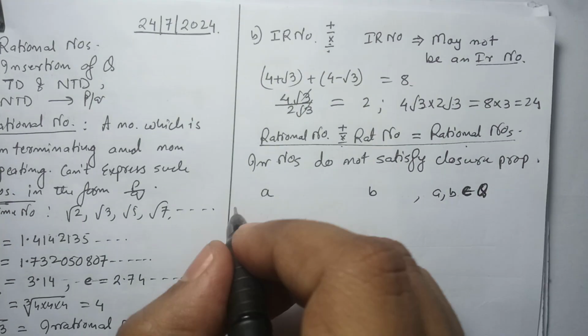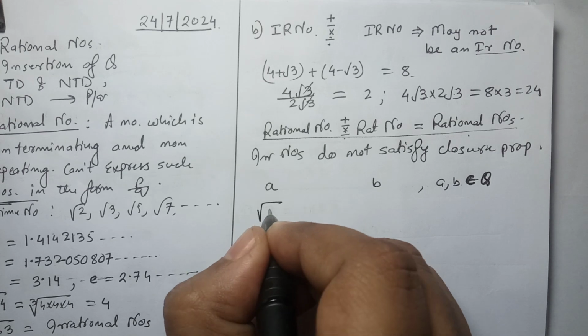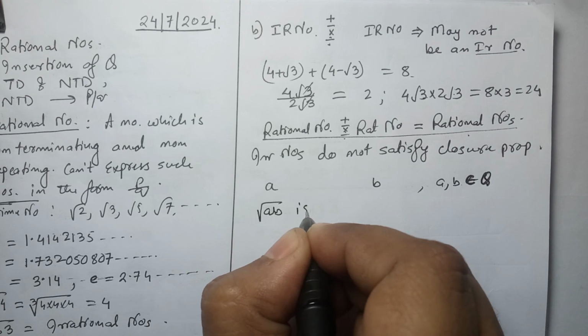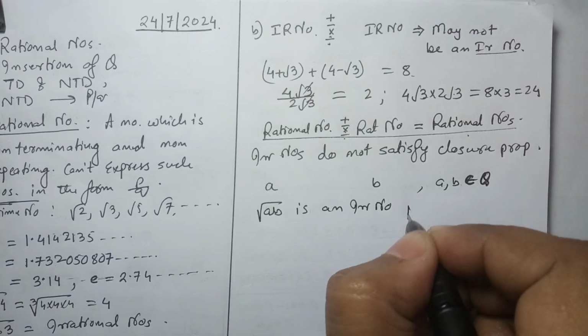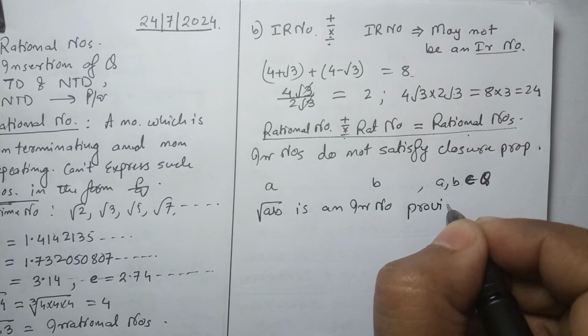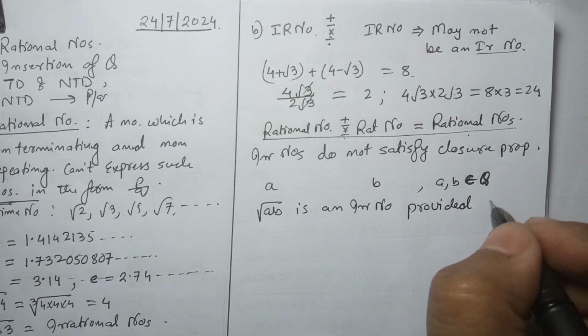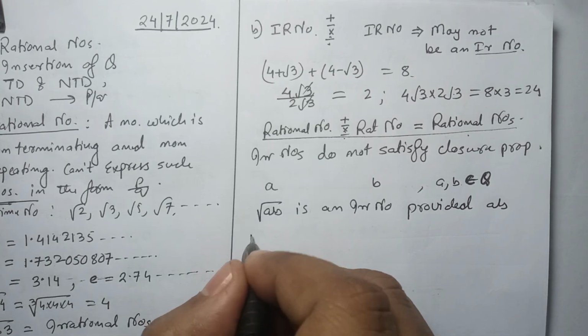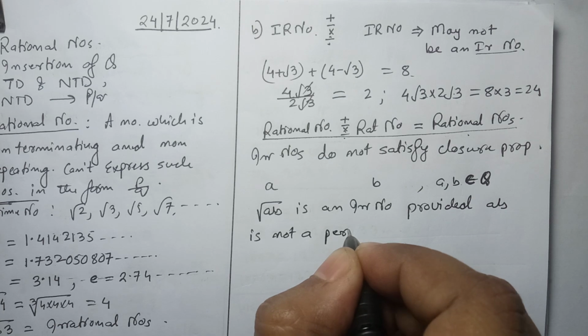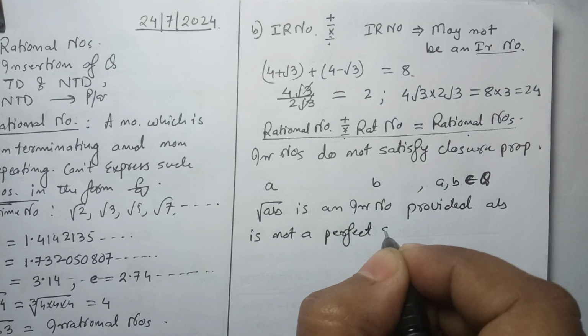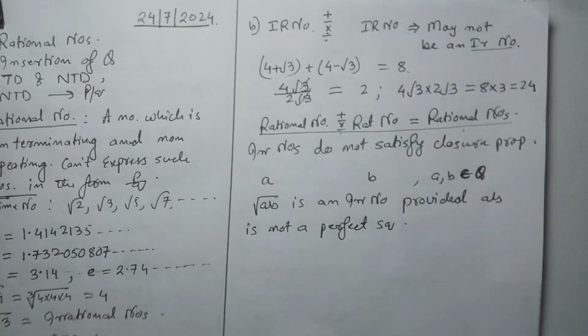Then root over AB is an irrational number, provided AB is not a perfect square.